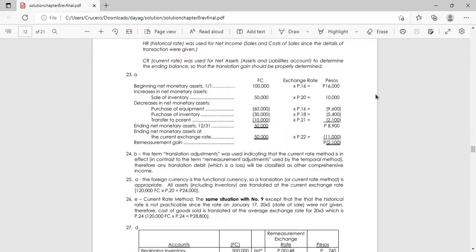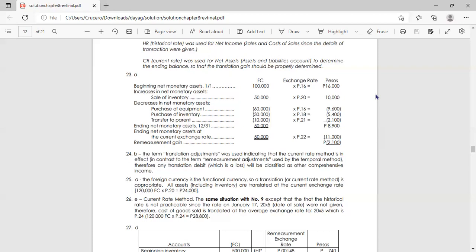25 is letter A. That would mean 120,000 multiplied by 0.20. A foreign currency is the functional currency, so a translation or the current rate method is appropriate.